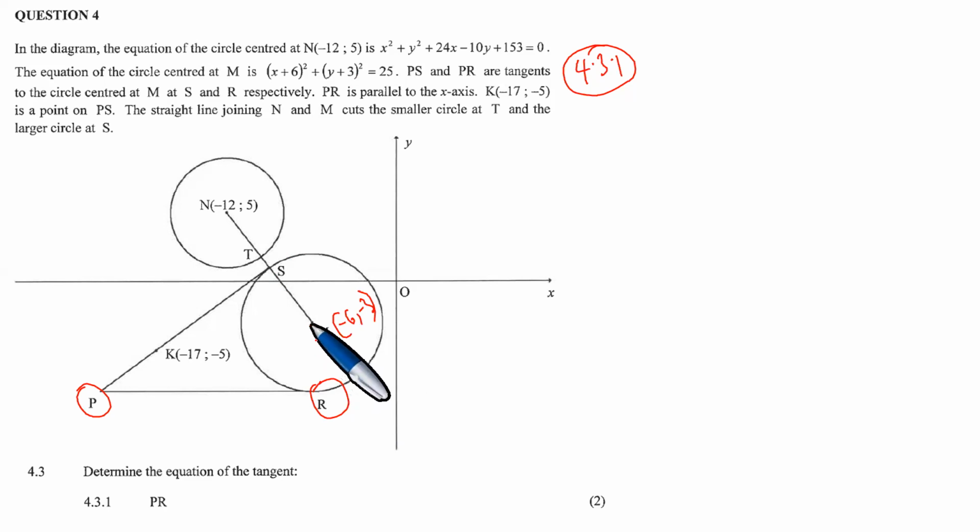The radius is 5 units, so you go down 5 units here. So the X is going to remain the same, and the Y, you have -3, you go down 5 units, so it is -8. Therefore, the coordinates of R are -6, -8.